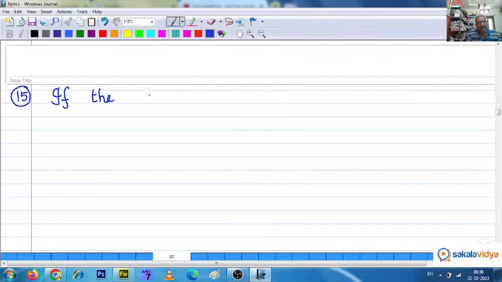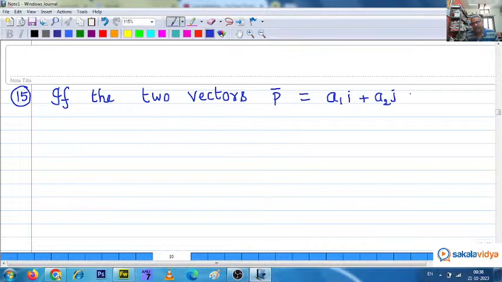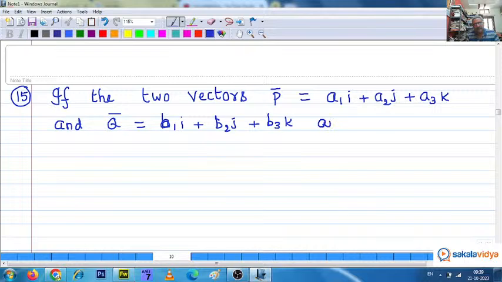If the two vectors P bar is equal to A1I plus A2J plus A3K, clear, and Q bar is equal to B1I plus B2J plus B3K are perpendicular, then, my dear students, remember P dot Q is equal to 0.